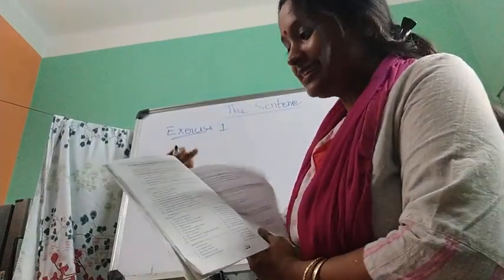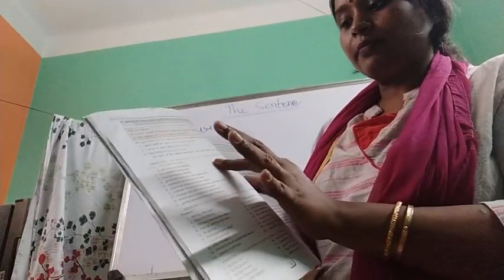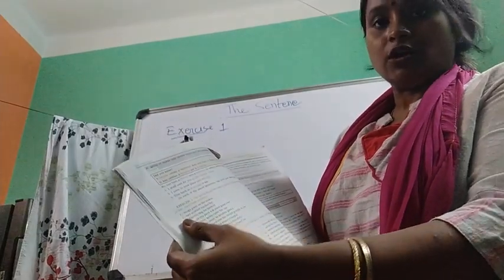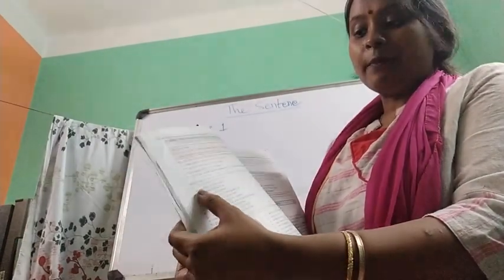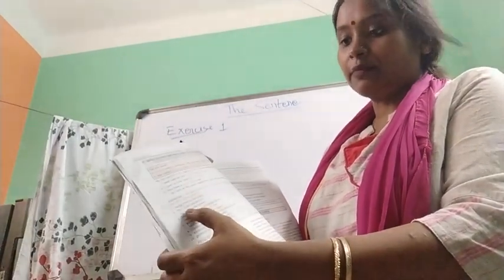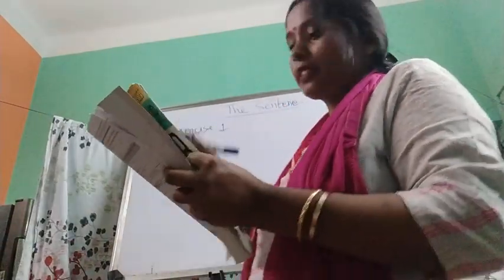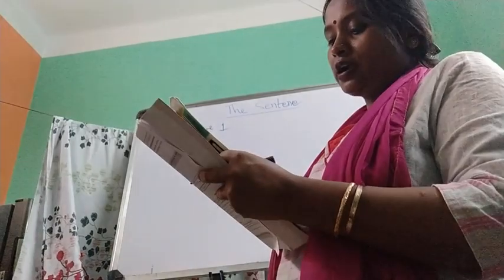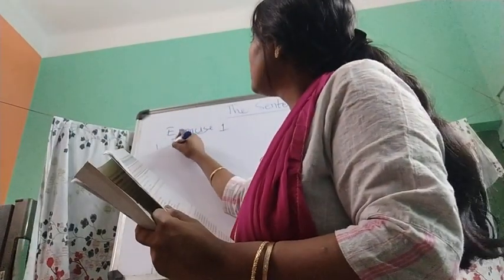What does it say? The words below have been jumbled. Put them back in their right order. So, you need to make a correct sentence out of these jumbled words, right? Number 1 is, laugh Joker us the makes.